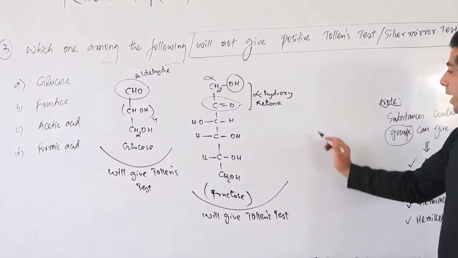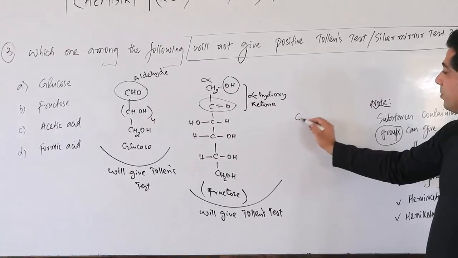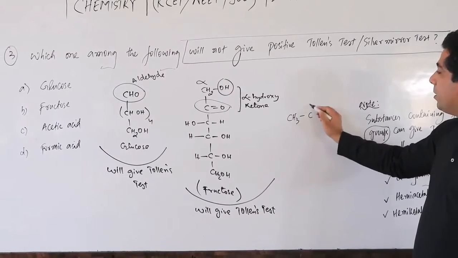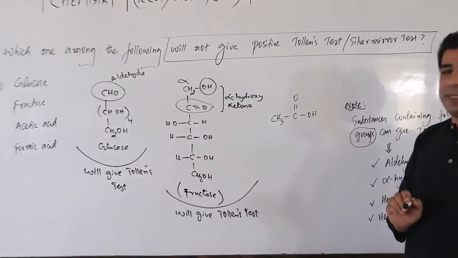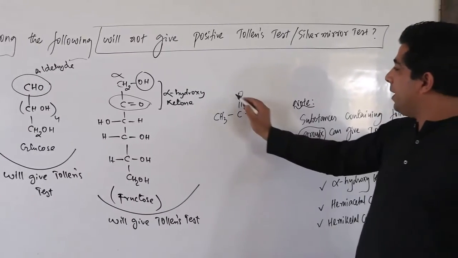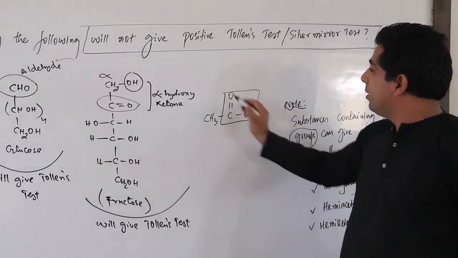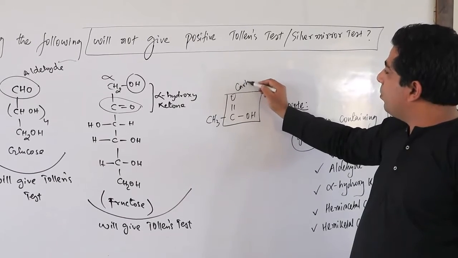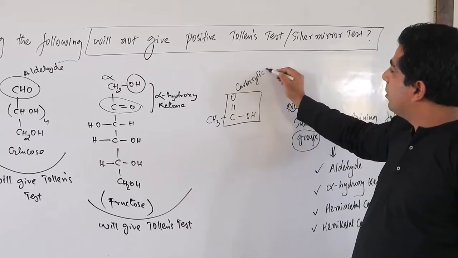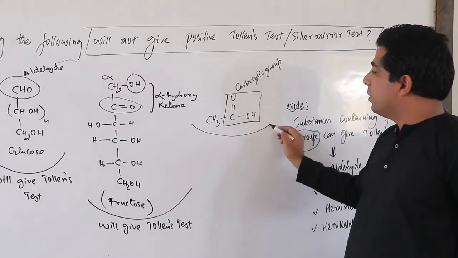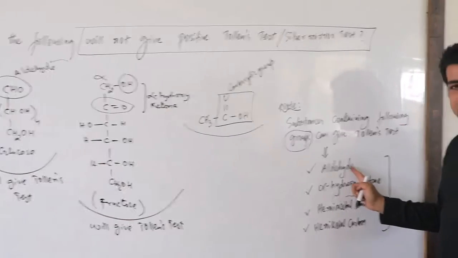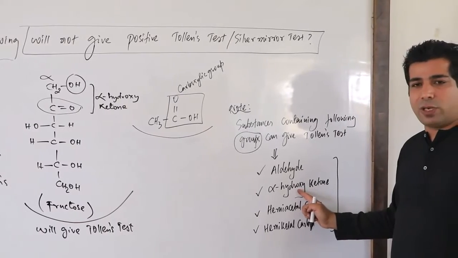Okay. Now let's talk about now acetic acid. If you look at acetic acid, you will find out CH3C double bond O and OH. This guy is your acetic acid. Correct? Acetic acid has basically a carboxylic group. This is carboxylic group. So in acetic acid you have carboxylic group. It does not have aldehyde. It does not have alpha hydroxy ketone.